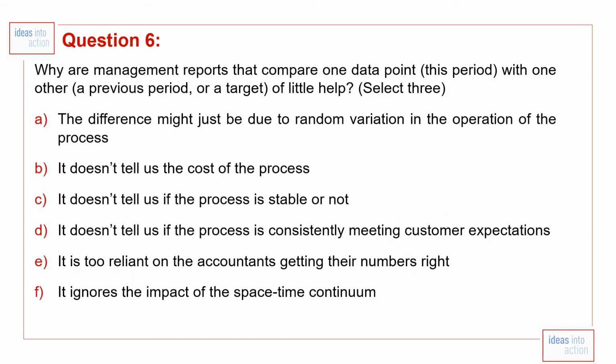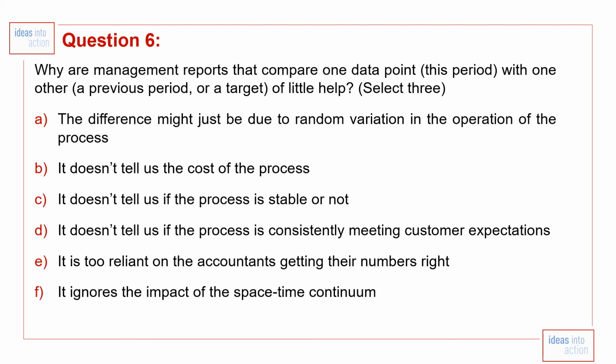Question 6. Why are management reports that compare one data point, perhaps this period, with one other data point, a previous period or a target, of little help? And you should select 3 possible answers. Is it A, the difference might just be due to random variation in the operation of the process? B, it doesn't tell us the cost of the process?